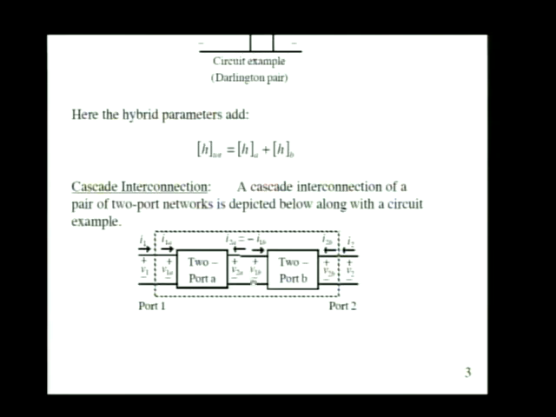That's supposed to be just one single straight piece of wire connecting port 2 of two-port A to port 1 of two-port B. So V2A is equal to V1B.